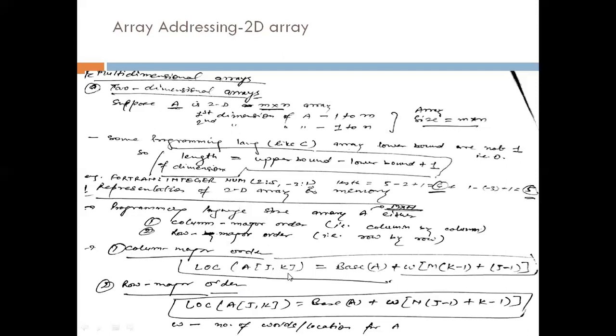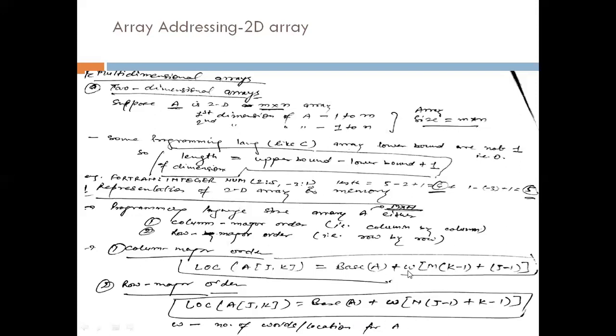In column major order, suppose elements are stored and we want to find the memory address of the element stored in the jth row and kth column. So the address of this element will be the base address, suppose it is any value, plus W, where W is the memory space required by one element, the number of words or locations required.